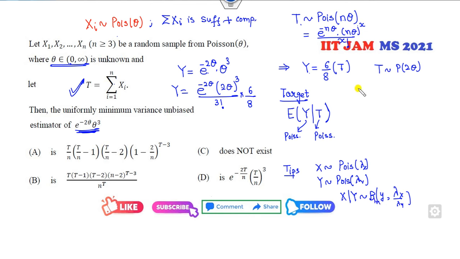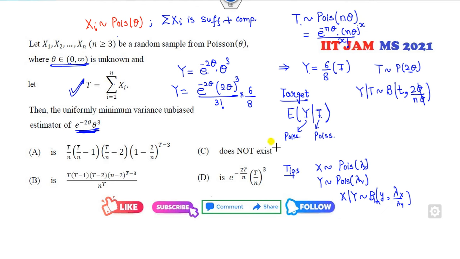So it means I can find the distribution. This follows my binomial distribution. What is the value of y? Can you find the value of y? It is not given. Instead of y I can call it t. And what is the mean of y? So can you find the mean of y is 2 theta, and the mean of t is n theta. So it is my 2 over n.